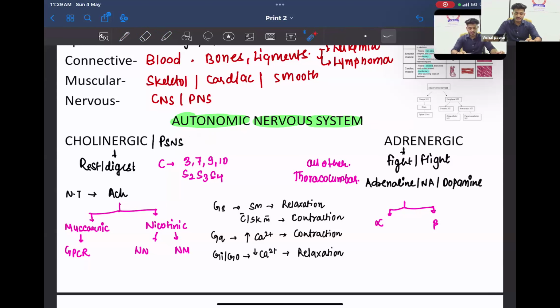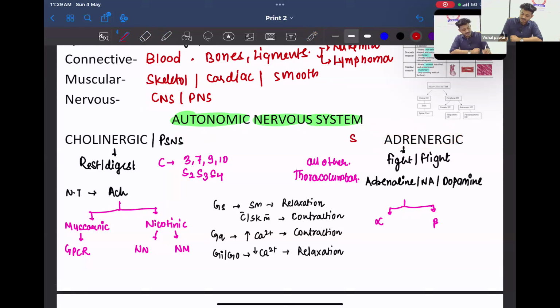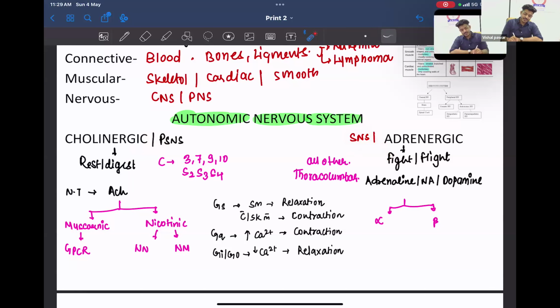Right? Whereas the second one is going to be adrenergic. This is going to be your sympathetic nervous system. Why we call it adrenergic? Why we call it cholinergic? Because see, here parasympathetic is going to be rest and digest system, whereas sympathetic is going to be fight or flight system, right? So parasympathetic is rest and digest, sympathetic is going to be fight or flight system.